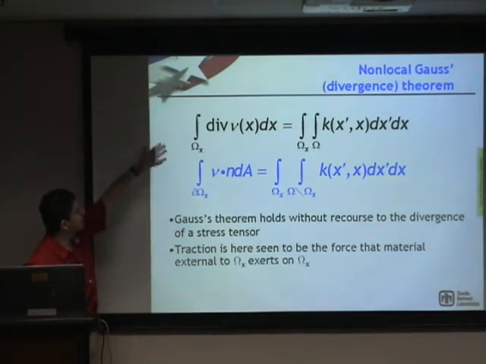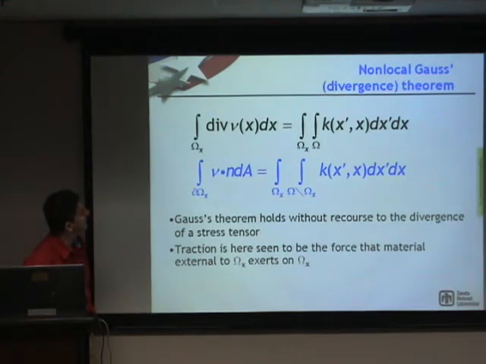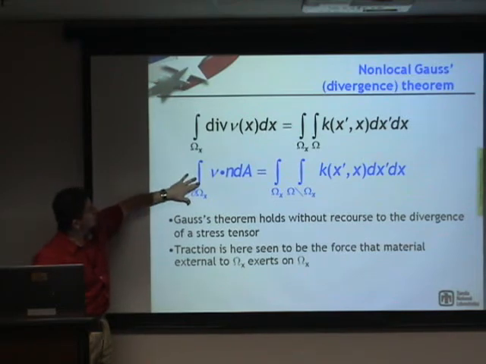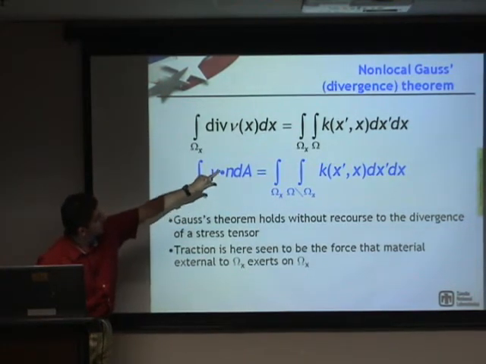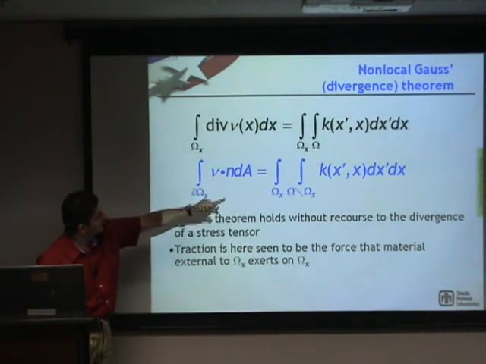Well, I can integrate both of those sides over some omega x, where x is some point in the domain and omega x is some region about that point, so omega x is a subset of omega. Then Gauss's theorem tells me that's equal to nu dot n across the surface. But then I can play around with that right-hand side and get this.